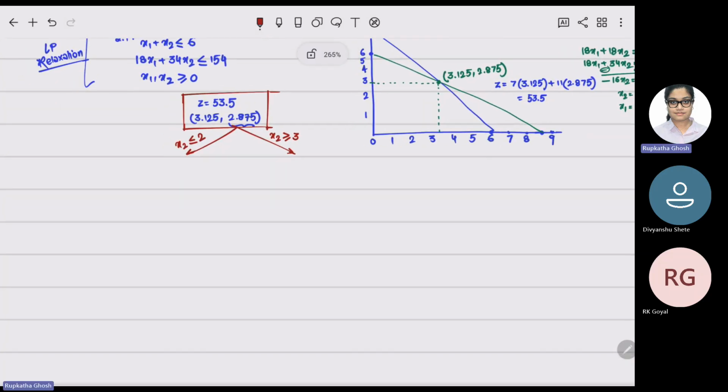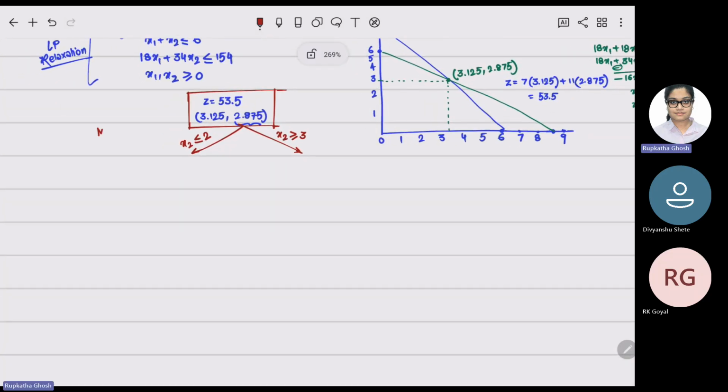So now these two individual problems become max z subject to x1 plus x2 less than or equal to 6, 18x1 plus 34x2 less than or equal to 154, and again x2 less than or equal to 2. And now you try to solve this.